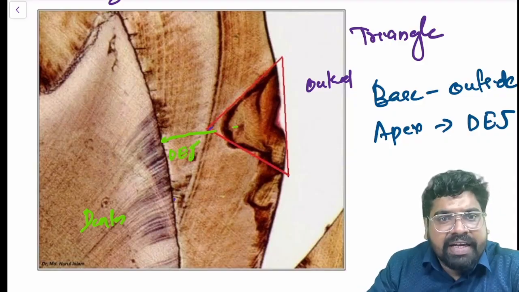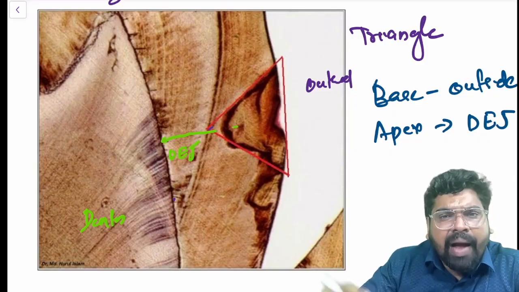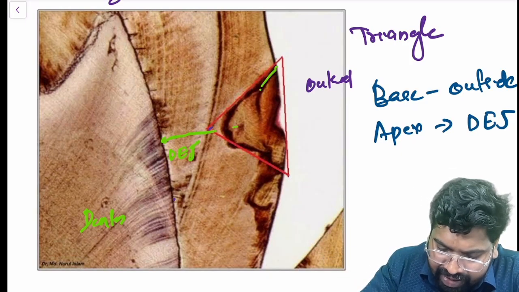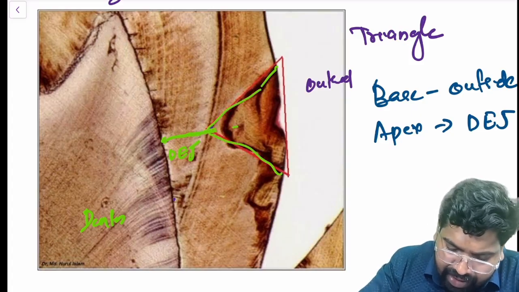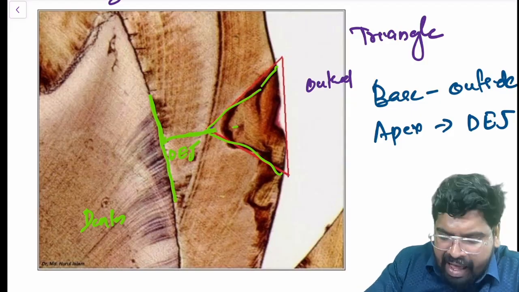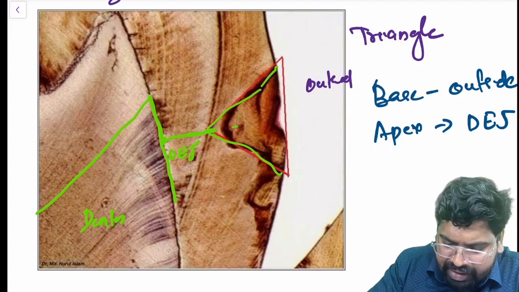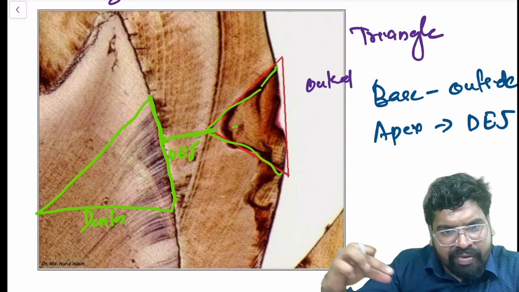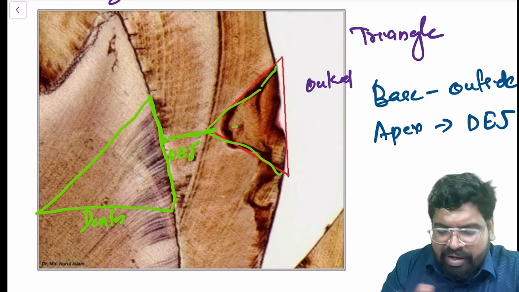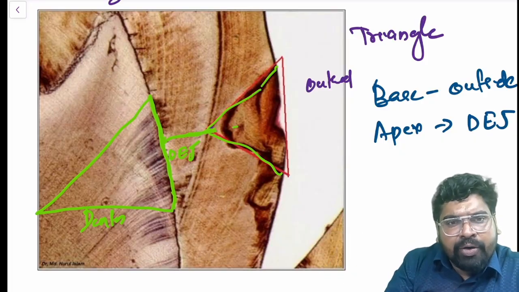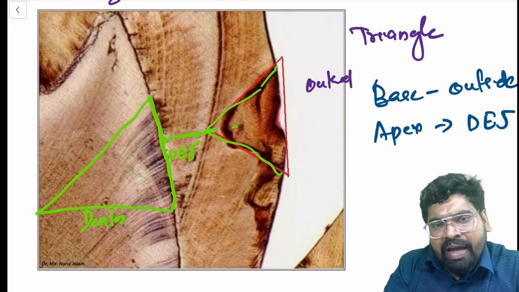As the caries comes to the DEJ, it will spread sidewards, to both sides. Then it tapers down from the DEJ, always tapering towards the pulp.